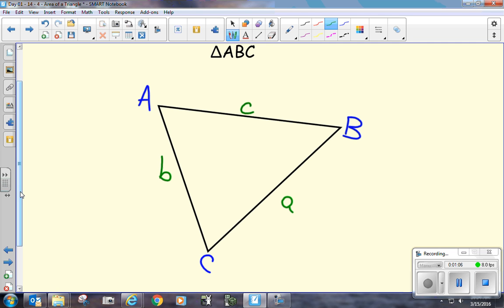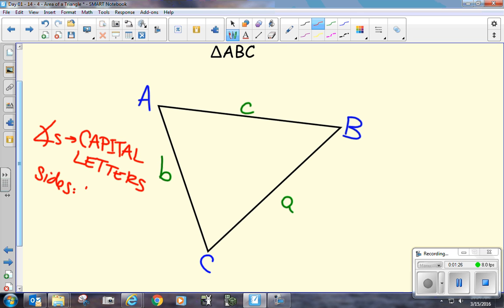All right? So just as a refresher, our angles are our capital letters, and our sides are our lowercase letters.